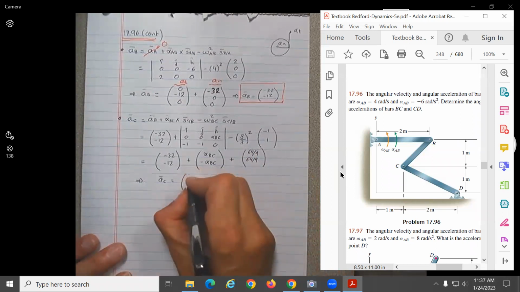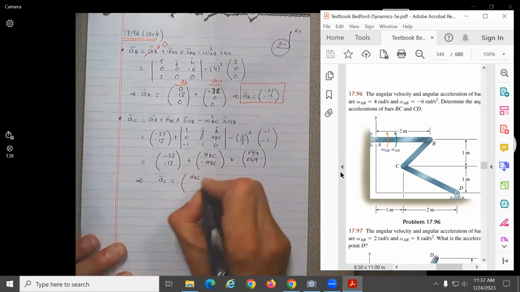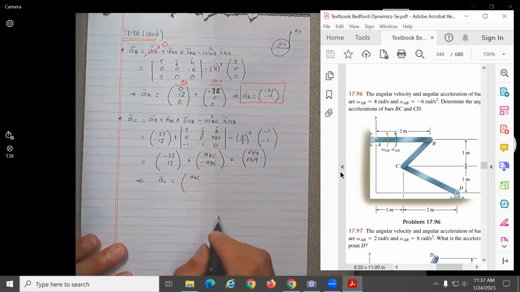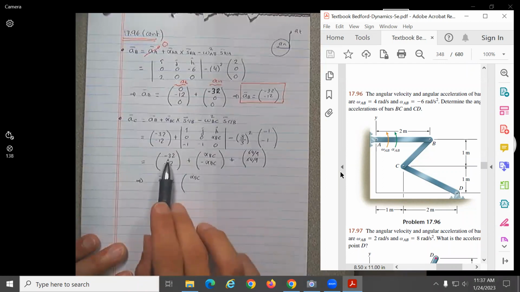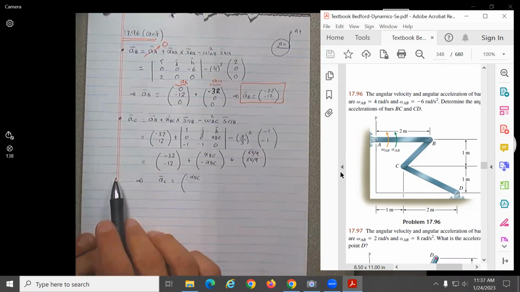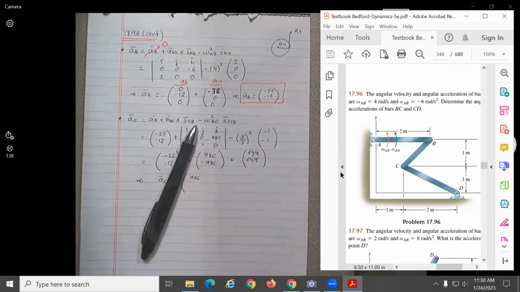This will give you what then? Alpha BC minus what? Can you do this calculation? Yeah, so how much is minus 32 plus 64/9?